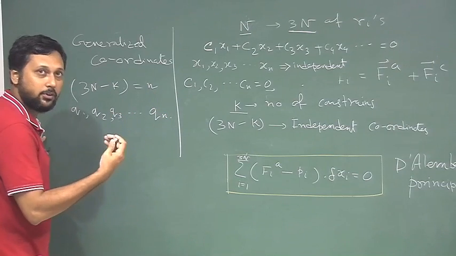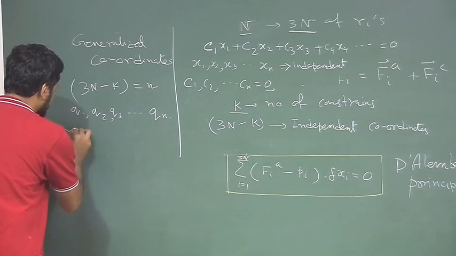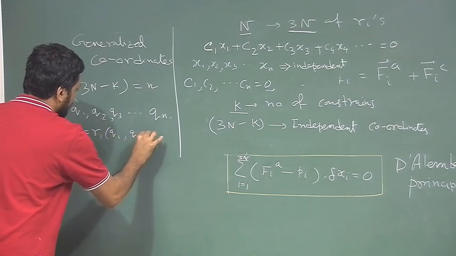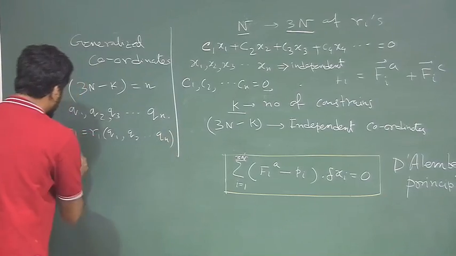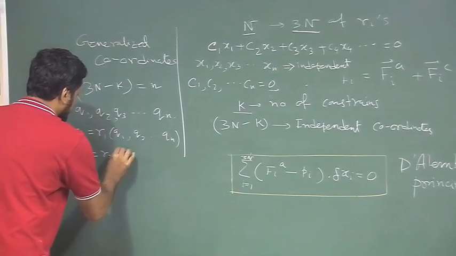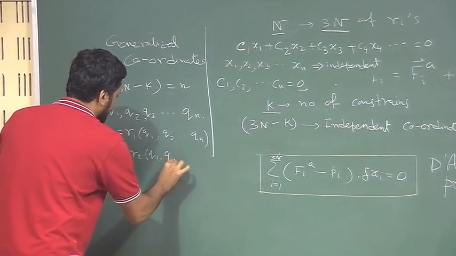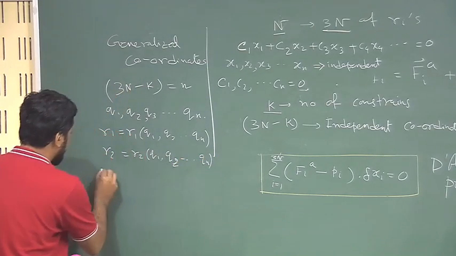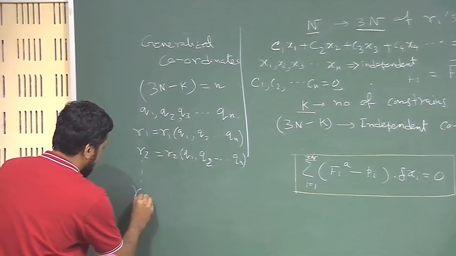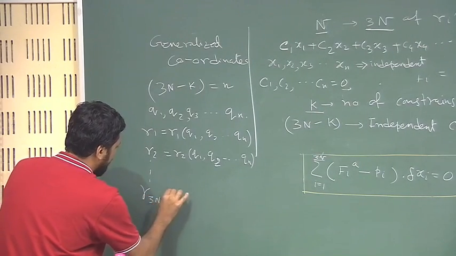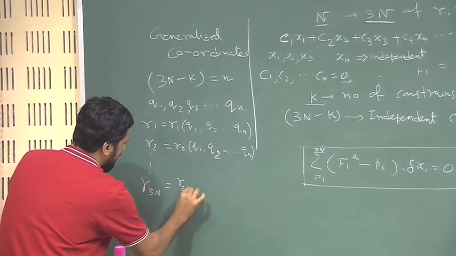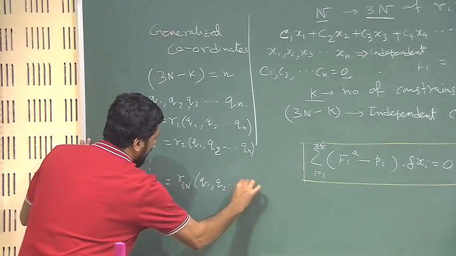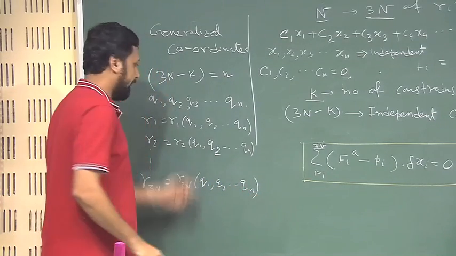There has to be some sort of transformation equation which says R1 is a function of q1, q2, qn, R2 is a function of q1, q2, qn, and similarly R3n is also a function of q1, q2, qn. There has to be a relation.